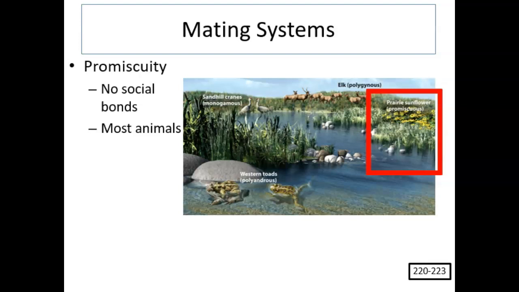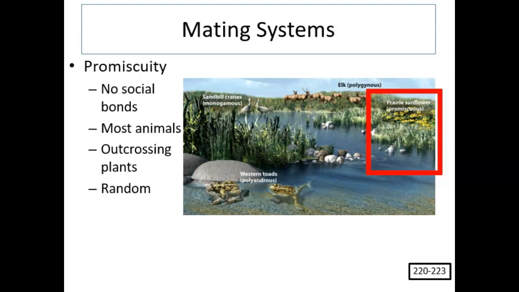It also turns out that most animals are promiscuous. So what we're going to see is that most animals and outcrossing plants like those sunflowers are not really bonding or choosing which other individuals to mate with, that it's more just kind of random, right?